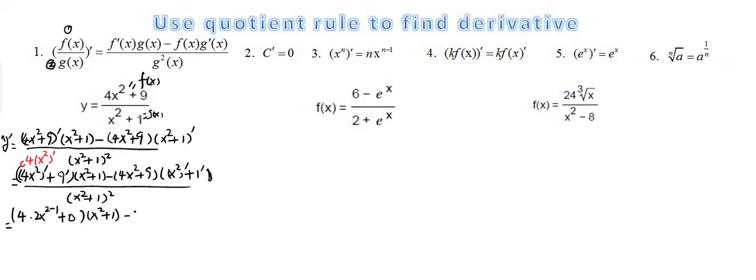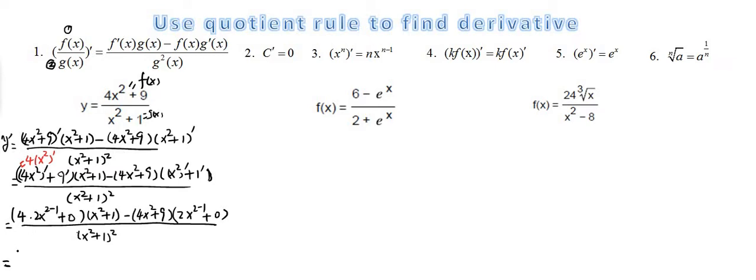And subtract 4x squared plus 9, and this time we apply the power rule, which gives 2x to the power 2 minus 1, plus 0. And we have x squared plus 1 squared, and we can continue to simplify it.